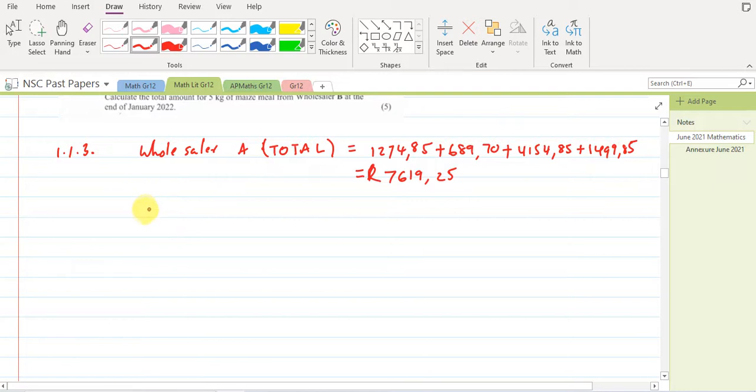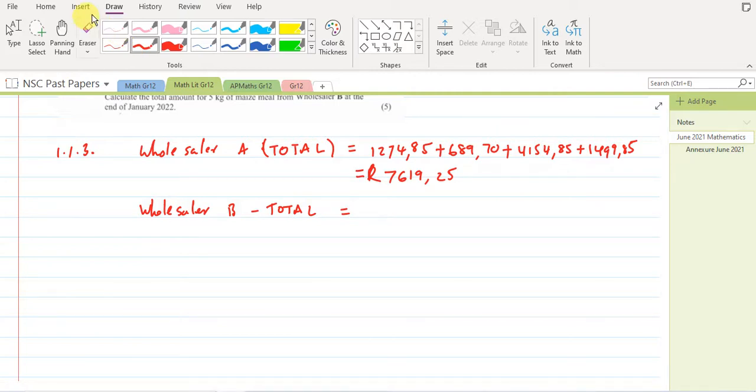Looking at the wholesaler B total, I think we should just put a dash here, wholesaler B, underline this.